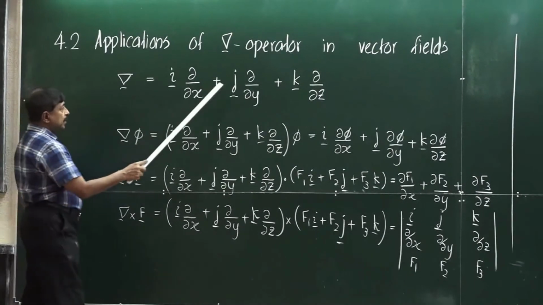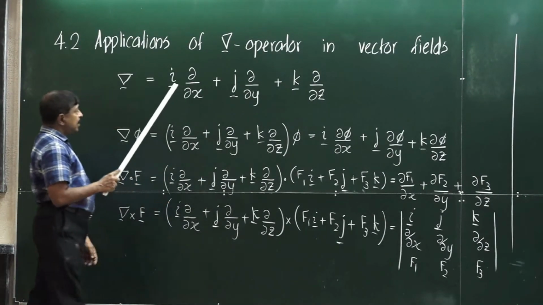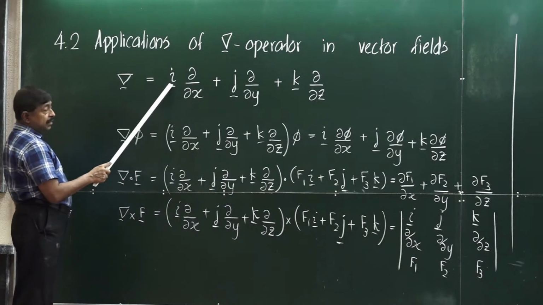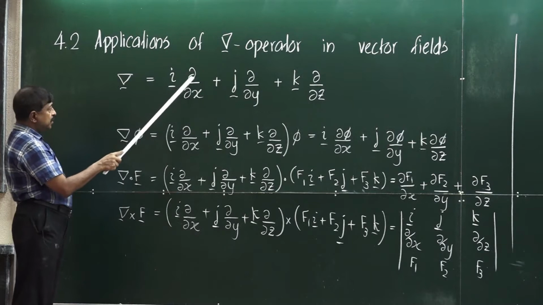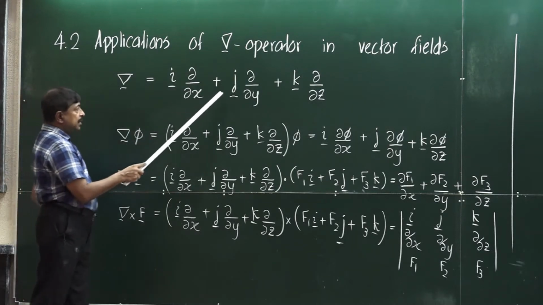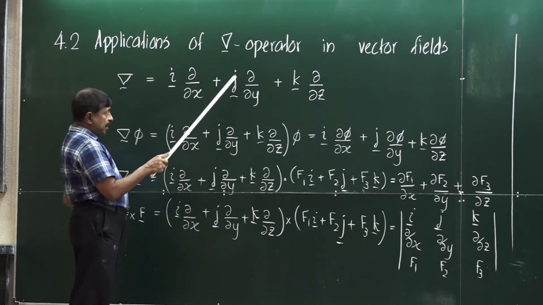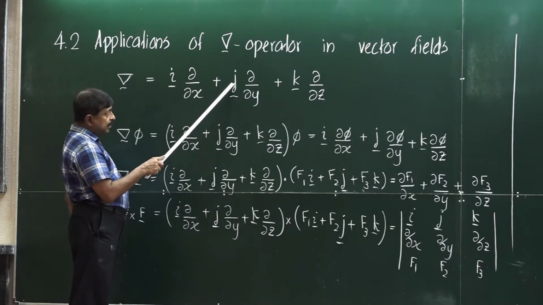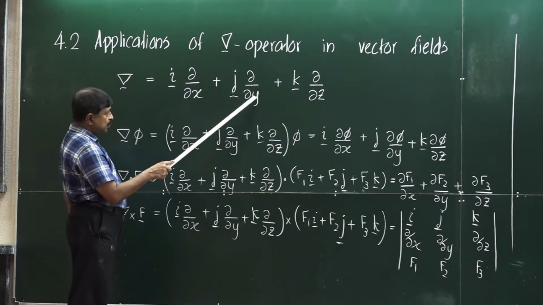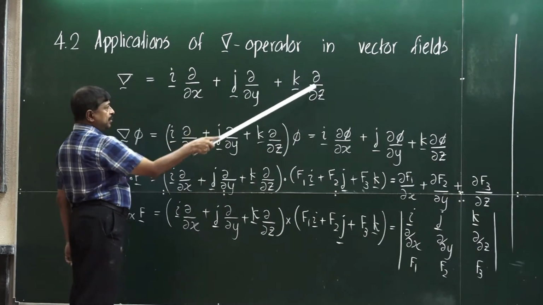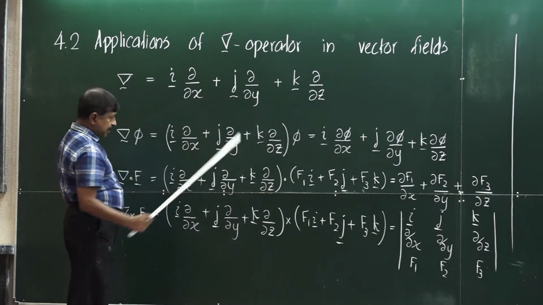You have all three unit vectors, and with the unit vector in the direction of x, you have partial over partial x. Similarly, with the unit vector in the direction of y, you have partial over partial y, and similarly here partial over partial z.